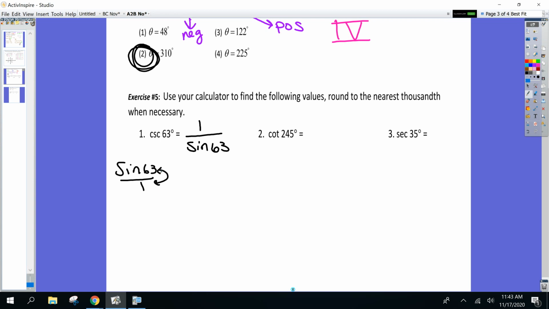You guys have a sine button, right? Make sure you're in degree mode. And then thousandth is how many numbers after the decimal? 3 numbers after the decimal. So 1.122.